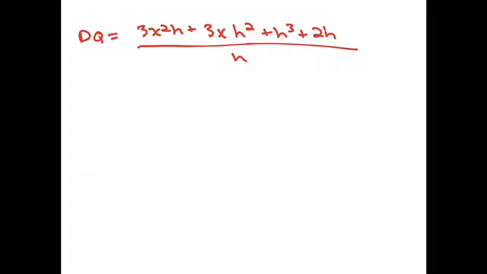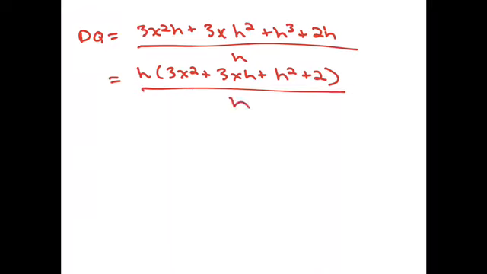h. I was just rewriting the last step for myself because it's on the new slide. Factor out the h, and I get 3x squared plus 3xh plus h squared plus 2. And our h over h goes to 1.